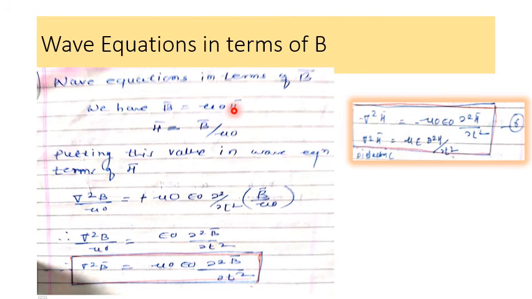What is the relation? b bar is equal to mu 0 h bar. Therefore h bar is equal to b bar upon mu 0. So fill in the value of h bar in this equation, that is del square b bar upon mu 0 is equal to mu 0 epsilon 0 del 2 by del t square of b bar upon mu 0. This mu 0 and this mu 0 cancel. Then again this mu 0 goes to the other side. Therefore we will get del square b bar equal to mu 0 epsilon 0 del 2 b by del t square. Okay, so these are the wave equations in terms of b bar.